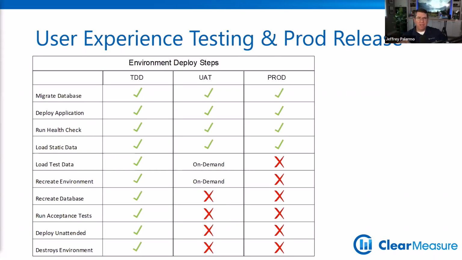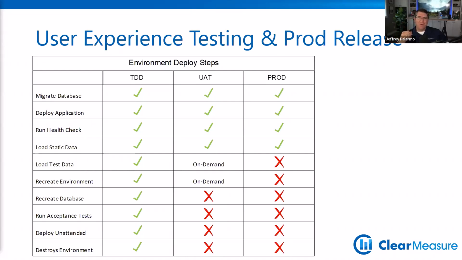In our test automation environment for TDD, we're gonna migrate the database, deploy the application, run our health checks, and load some static data that just needs to be in every instance of the database. But we're gonna do a lot more things. Think about running acceptance tests.